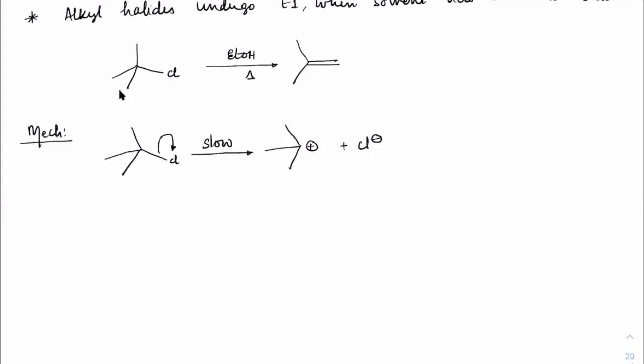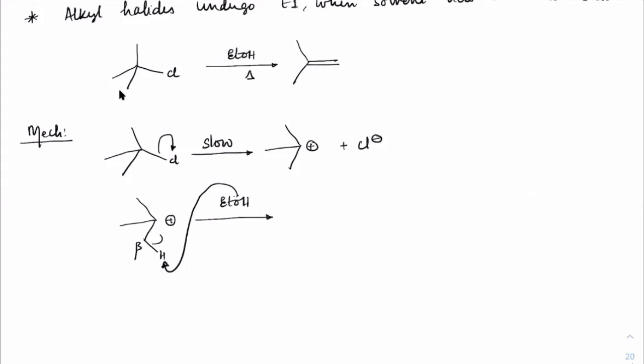And after the formation of carbocation, ROH as a base is extracting a proton from the beta position.